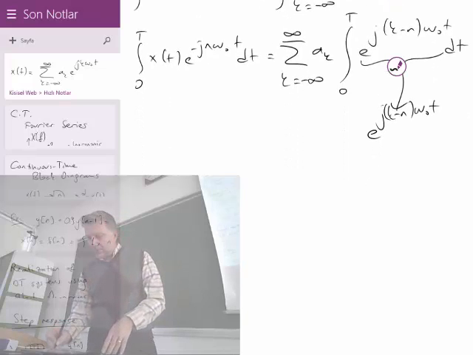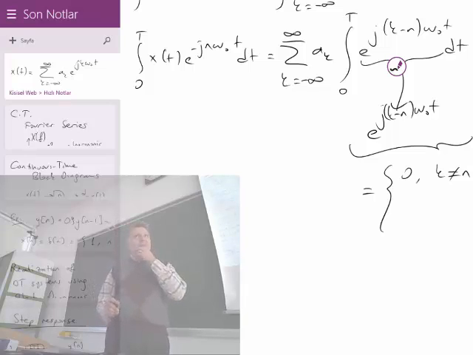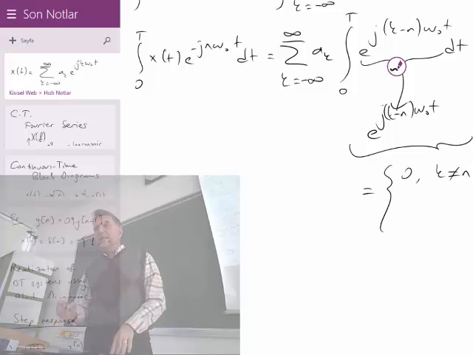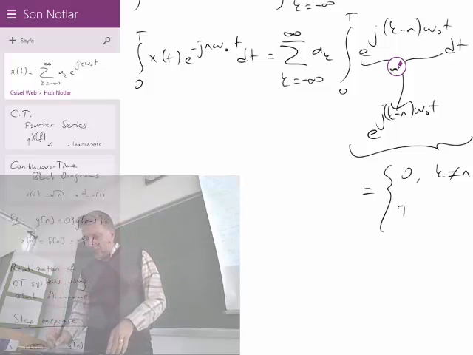So this integral is 0 if k is different from n, since k minus n will then be an integer, and it will be equal to the integral of 1 from 0 to capital T. What is that? Capital T. It's equal to capital T when k is equal to n.